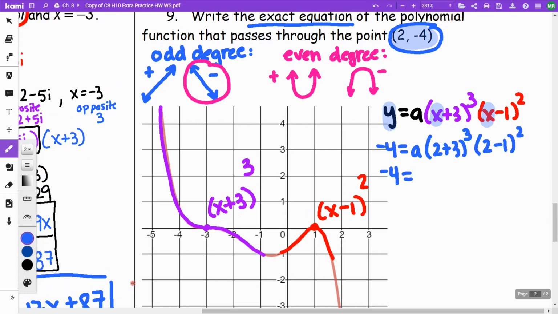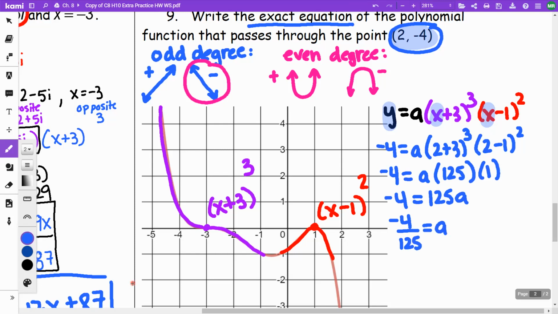So -4 is equal to a. I'm going to get a 5. 5 cubed is 125. I'm going to get a positive 1. 1 squared is 1. So I have -4 equals 125a. So -4 over 125 is going to be my a.